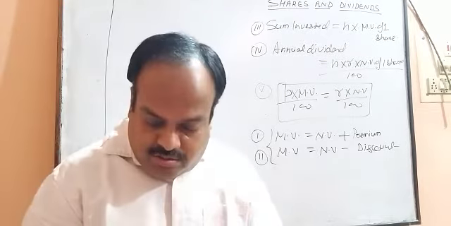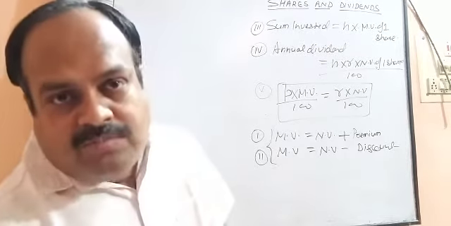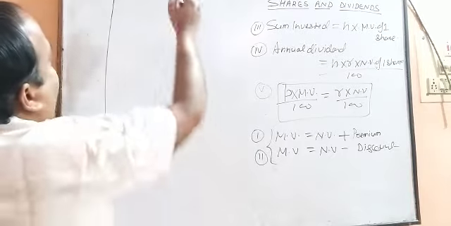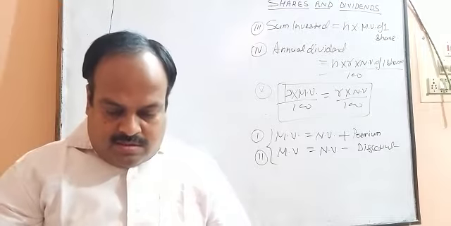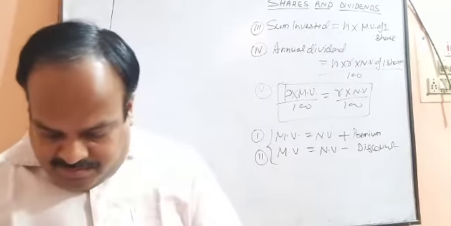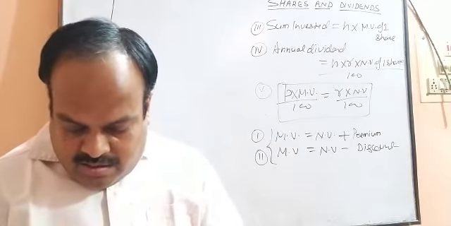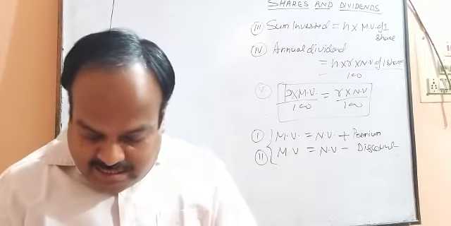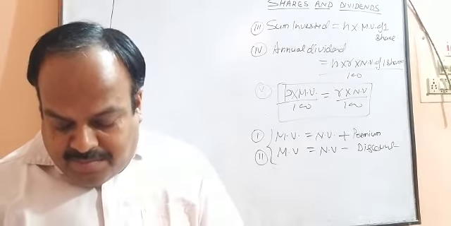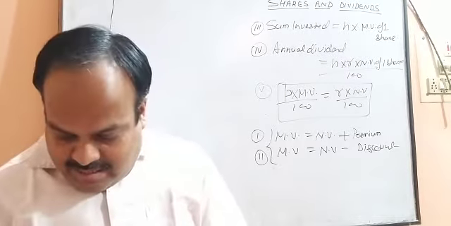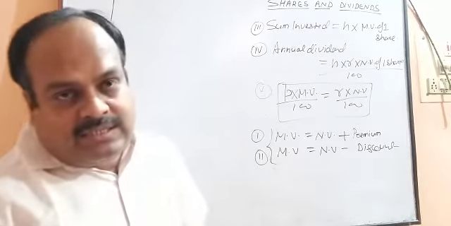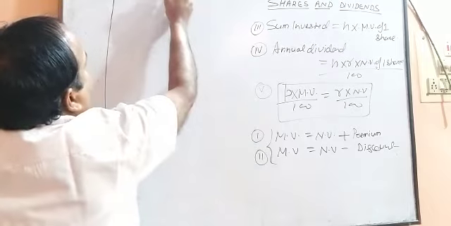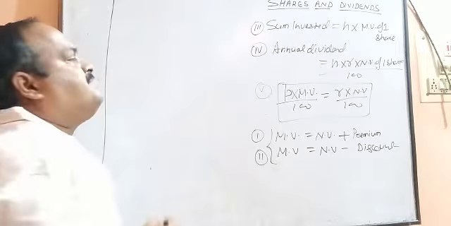I am going to begin with question number 3. In this question, it says to write down the sum of money obtained by selling 60 shares. Number of shares sold is 60.